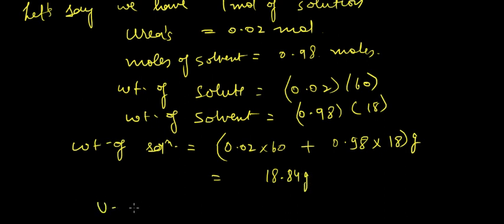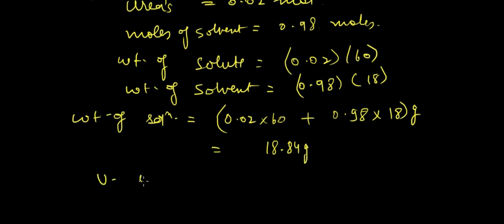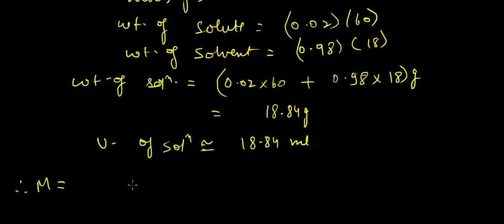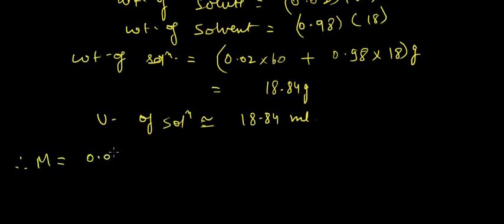From this we can calculate volume of solution, which is weight upon density. Density is 0.99, so it will be nearly equal to 18.84 ml. So molarity can be calculated as 0.02, the moles of urea, divided by 18.84 into 1000.